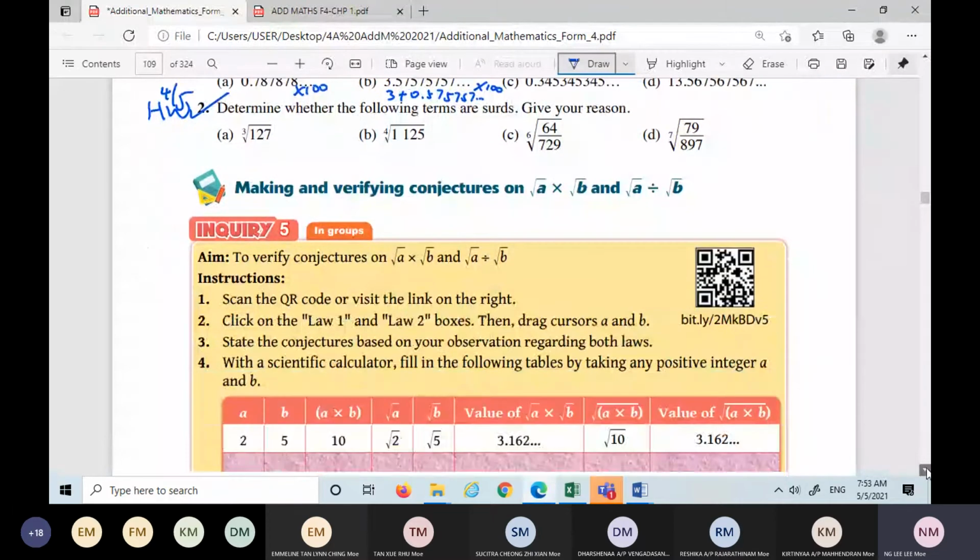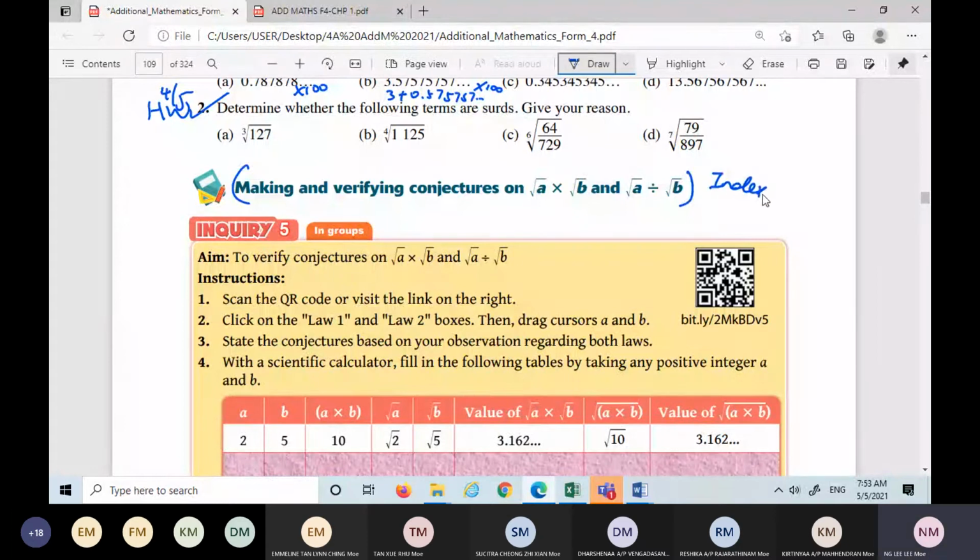Okay, so we go to the next subtopic. The index for today, you write this. Today is the 5th. This one I think you have learned in lower form.